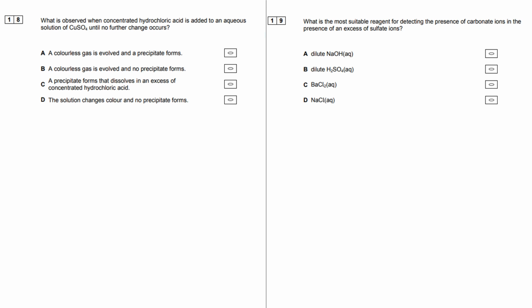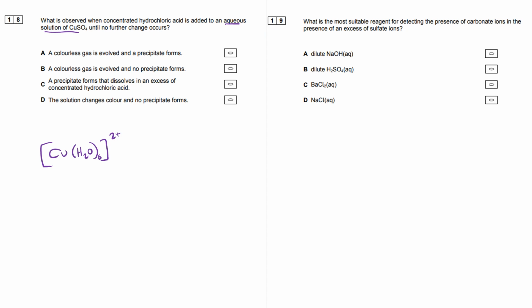Question number 18. What's observed when concentrated hydrochloric acid is added to an aqueous solution of copper sulfate until no further change occurs? So if you have an aqueous solution of copper sulfate, that means the copper ions are floating around in lots of water, the predominant complex that exists is going to be your hexaaquacopper(II).